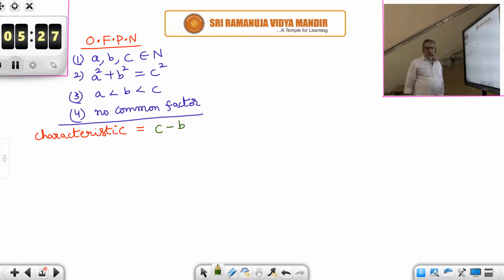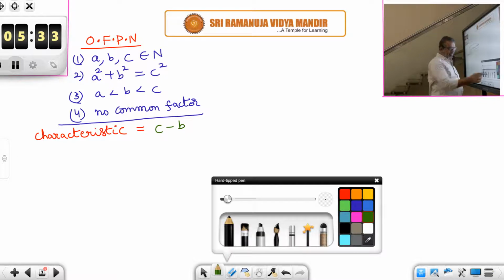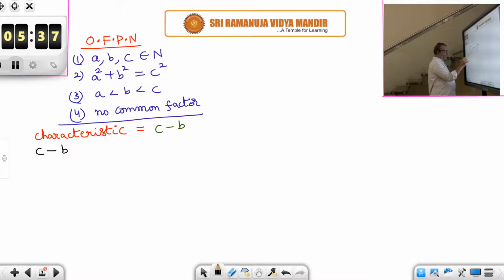Now let us find all ordered fundamental Pythagorean numbers with characteristic 9. Characteristic 9 means C minus B is 9. So take the second condition, A square plus B square is equal to C square. So we can write it as C square minus B square is equal to A square.